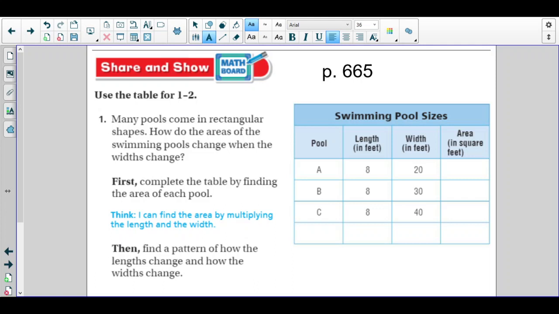So, let's see what we got here. I think that we can say with some degree of certainty, length times width, so the area of this pool, if we think of that as 8 times 20. 8 times 2 is going to give us 16.